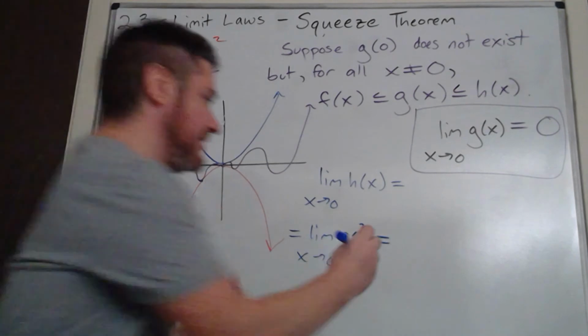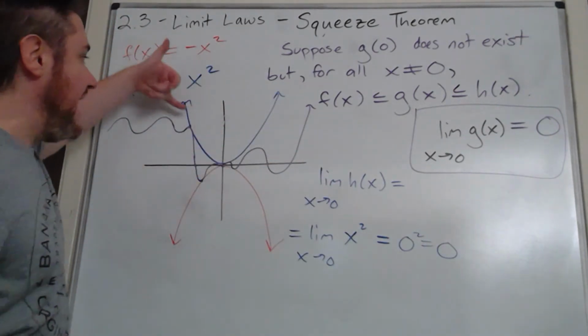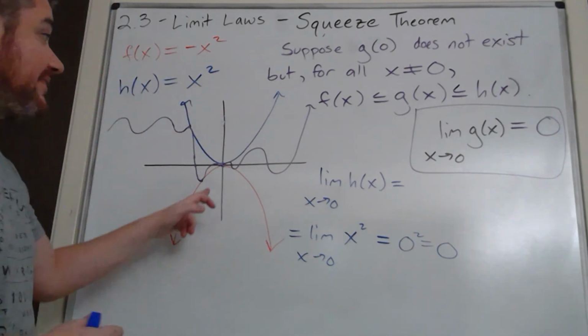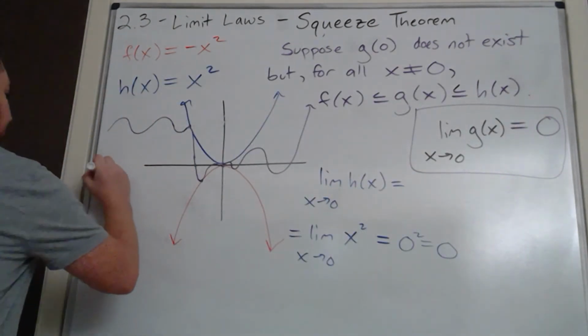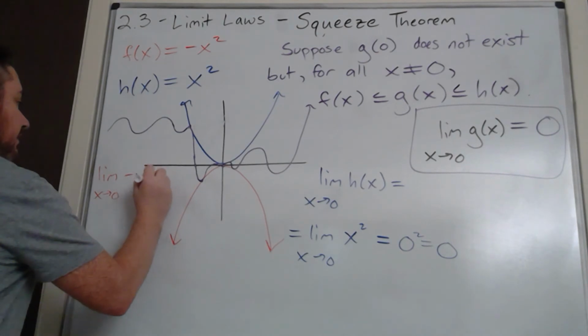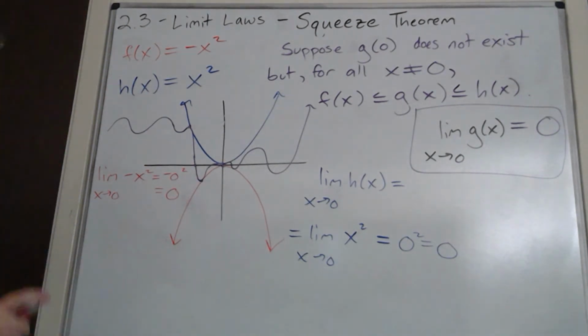Plug 0 in, 0 squared is 0, okay? So the upper boundary is going to 0. That limit is 0. And I think you could argue the same thing if you took the limit for the red function of negative x squared, the limit as x approaches 0 of negative x squared. My f function is just negative 0 squared, which is still 0, okay?